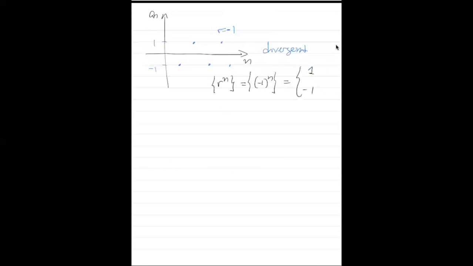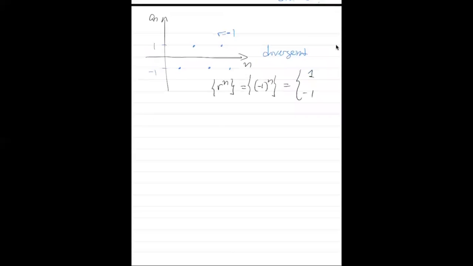So it oscillates, but it continues to be quite far from any fixed number. So this is divergent. I can also write this case as -1 to the nth power, and it can equal 1 or -1. So it's divergent because it oscillates and it doesn't get any closer.